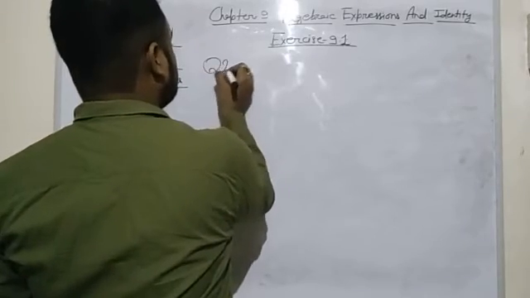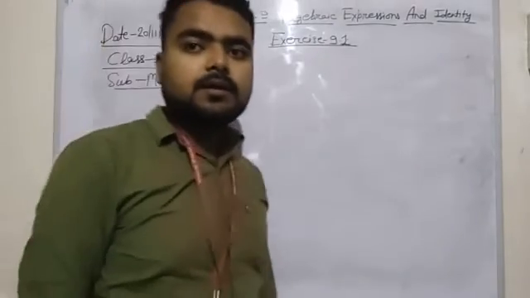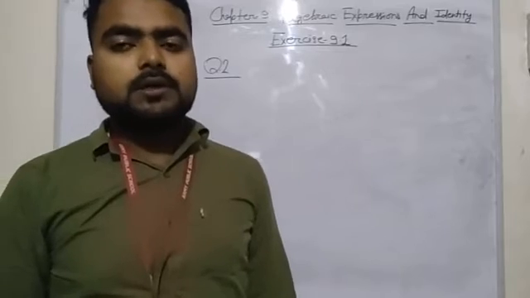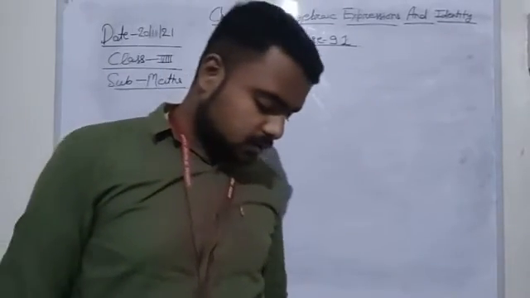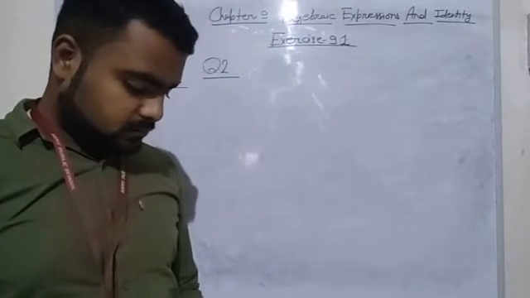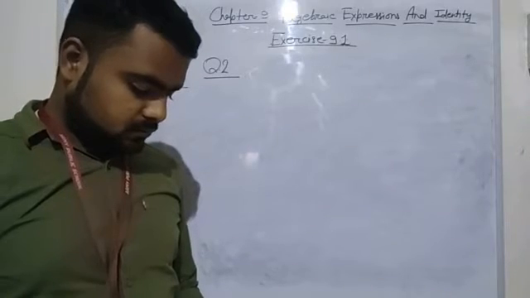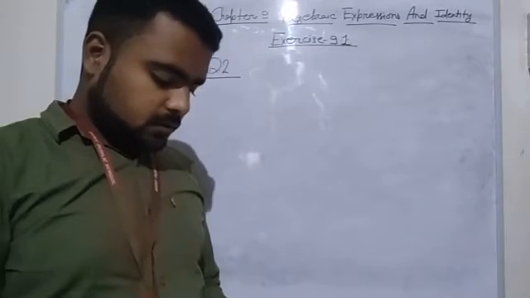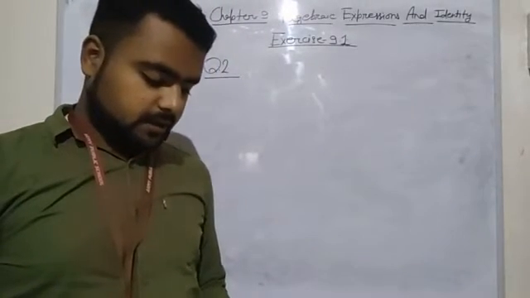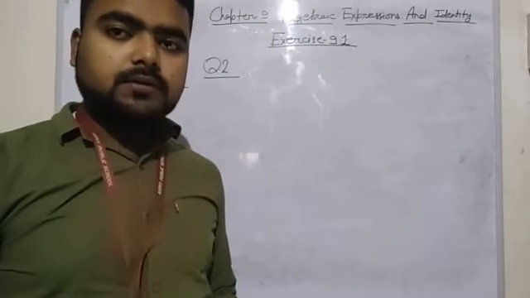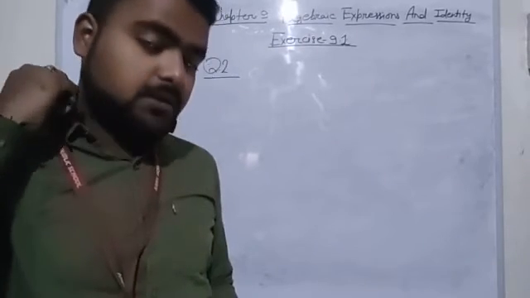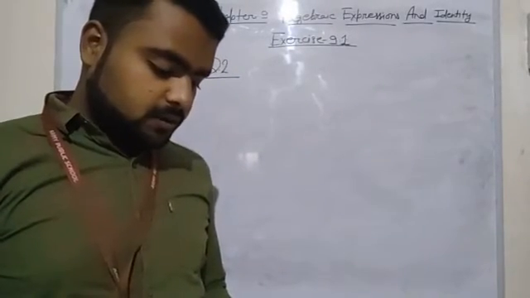Question number 2. In question number 2, you have to classify whether the algebraic expressions are monomial, binomial, trinomial, or polynomial. The first is x plus y, that is a binomial, and then 1000, that is a constant value, that is always a monomial.